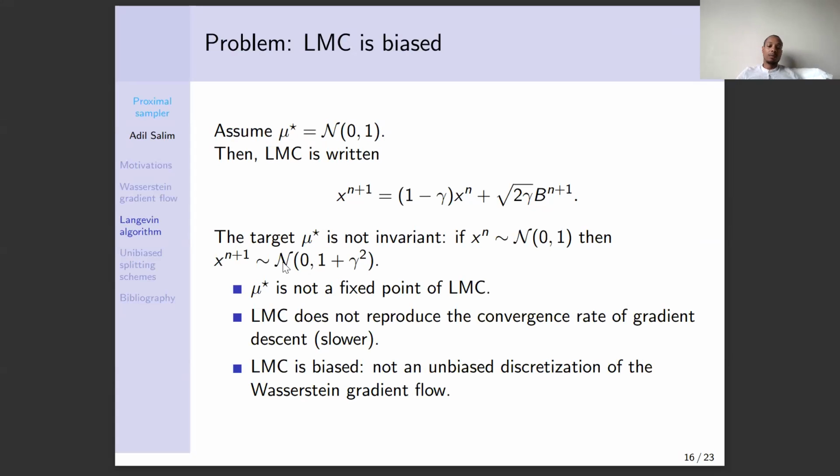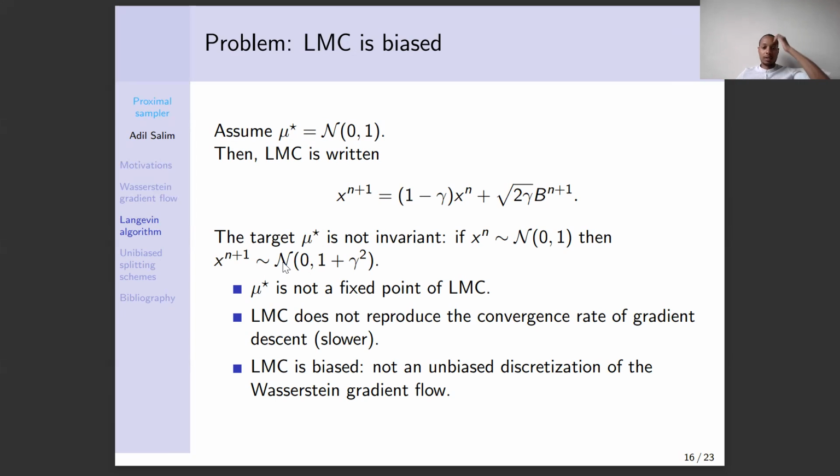So what it says is that mu star is not a fixed point of Langevin Monte Carlo, and because of this, Langevin Monte Carlo does not reproduce the convergence rates of gradient descent. The convergence rate of Langevin Monte Carlo is not a discrete analog of the convergence rate of the Wasserstein gradient flow.